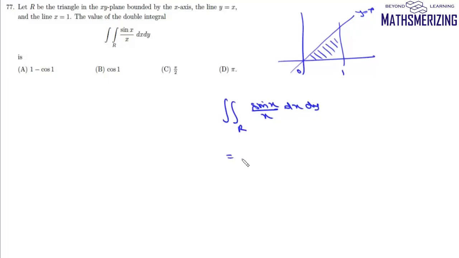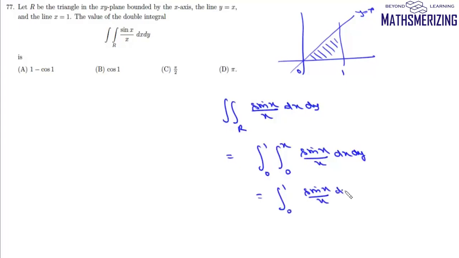dx into dy. Now one of the ways of solving this question can be, we can write this integral as from 0 to 1, and then from 0 to, now y is x, so it will be from 0 to x, sin x upon x dx into dy. So we can write this as from 0 to 1, and now here will be sin x upon x into dx, and this integral dy from 0 to x is nothing but x.